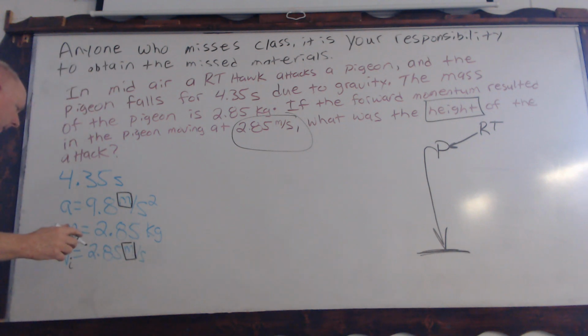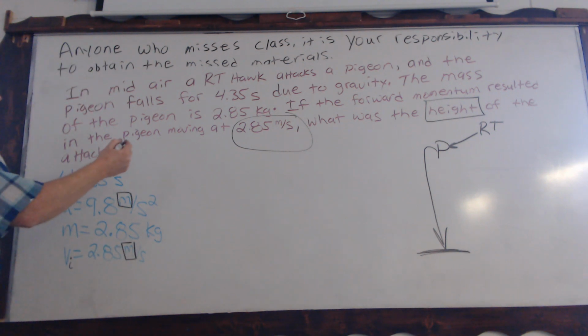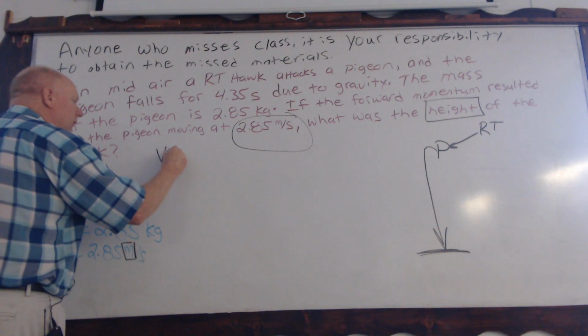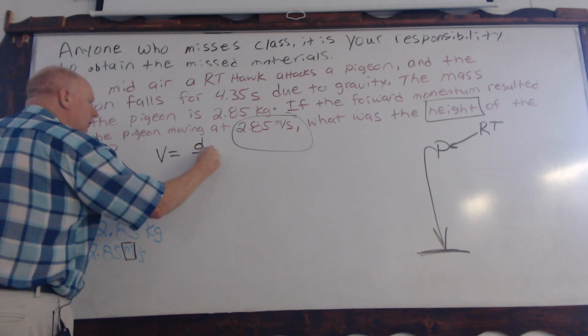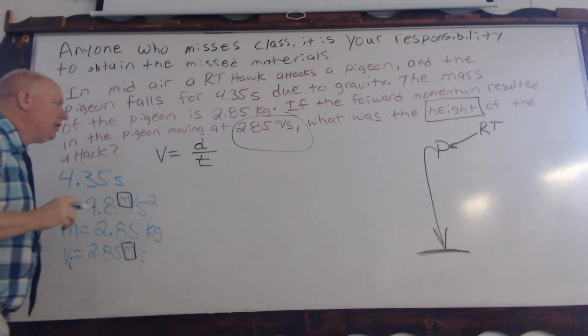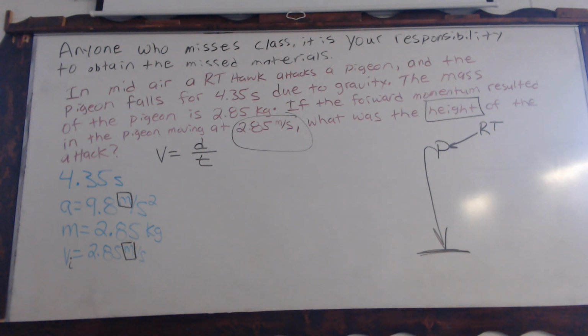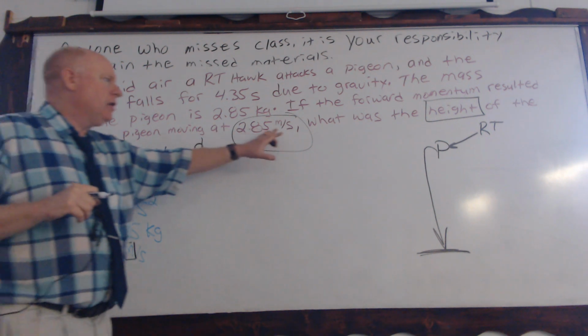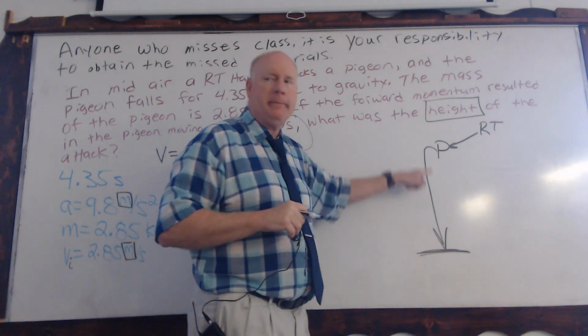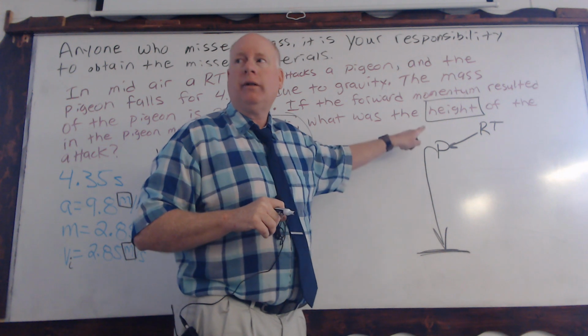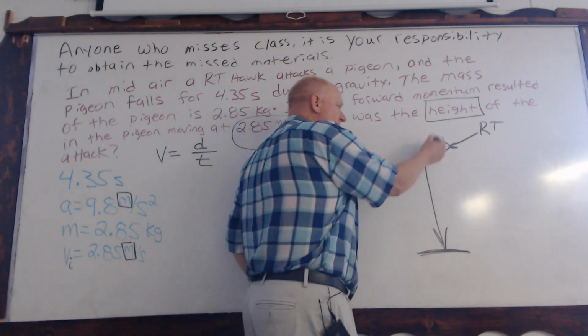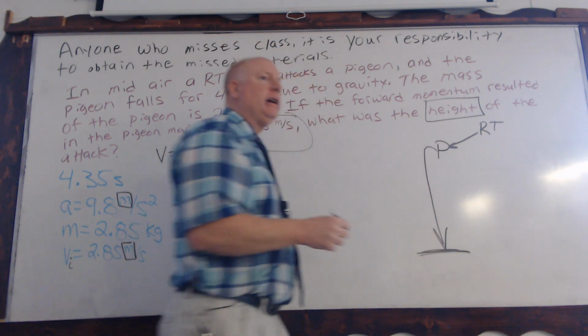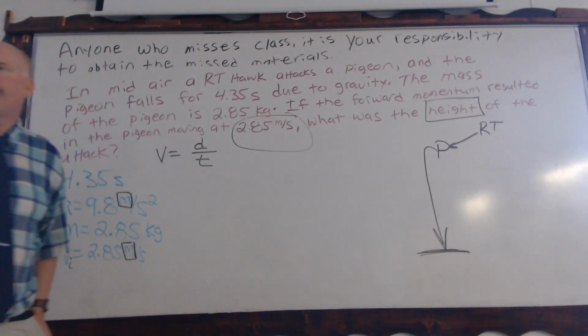Okay. But in order to do that, okay, you're telling me that, and that's correct. But if we put our initial velocity in here, that's not going to be able to answer this question, is it? Okay, because we want to know what this height is after that bird was attacked. Okay.